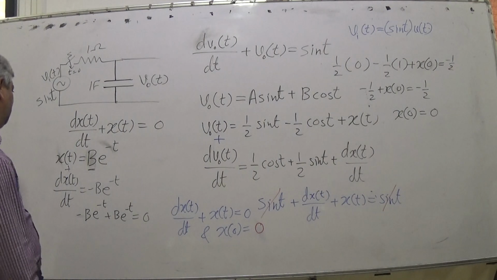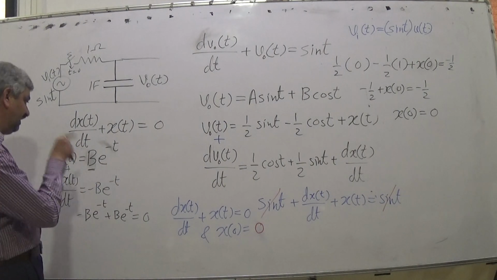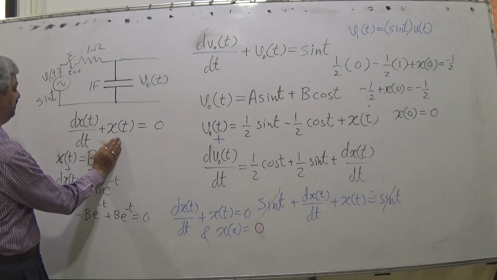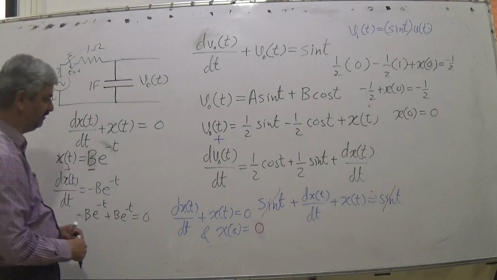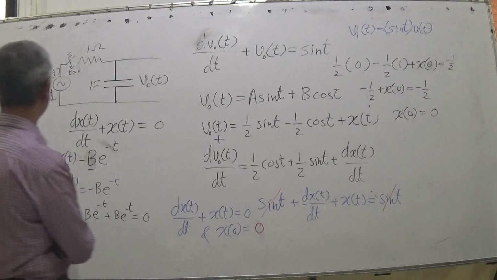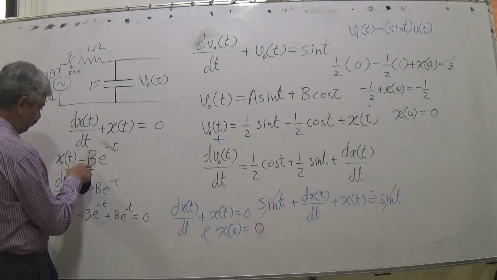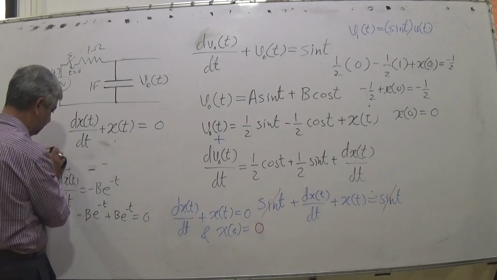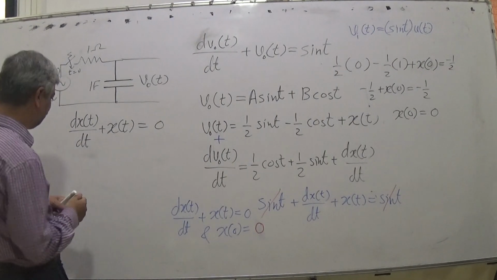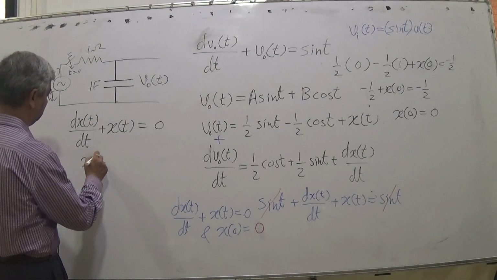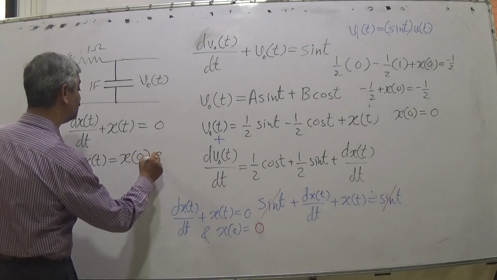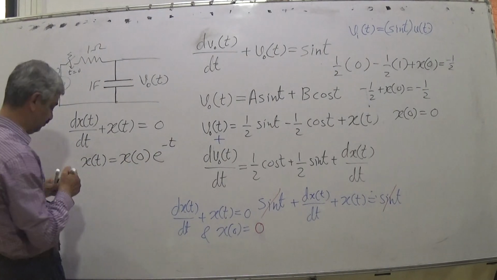To find B, at t equal to 0, this is 1, so x(0) is B. So the solution of this is always x(t) is equal to B e raised to minus t, or in other words, x(t) is equal to x(0) e raised to minus t.